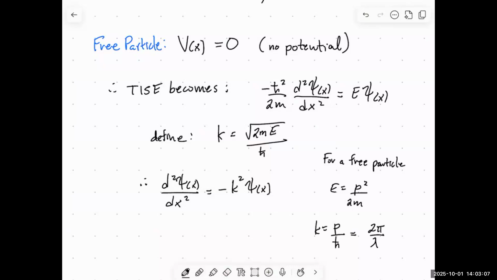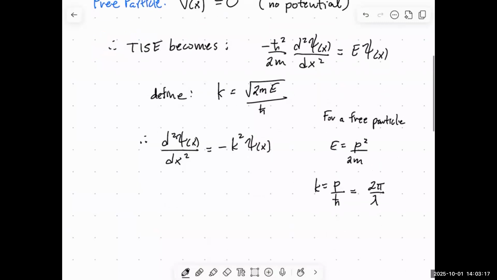So that's what k is physically representing: the momentum divided by h bar, which corresponds to 2 pi over lambda. That's our interpretation of k. K is a wave number, kind of analogous to angular frequency being 2 pi times frequency. Our wave number is 2 pi, this time divided by lambda.